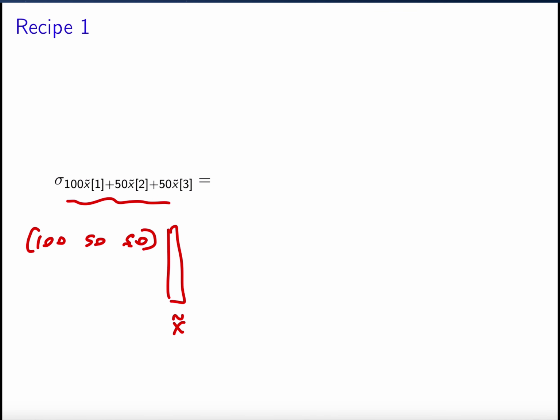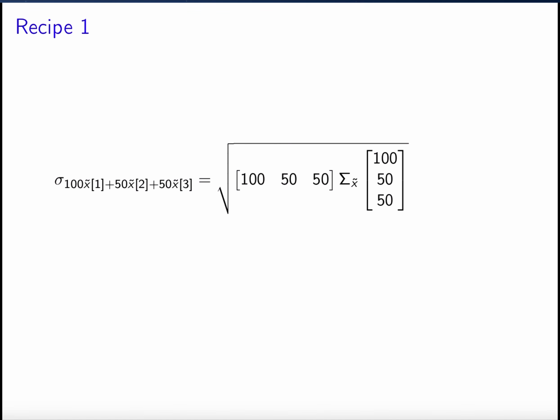And now, by what we have just learned, essentially the way we can compute this is by applying this vector v, this is v transpose, to the left and to the right of the covariance matrix. We have just learned that this automatically gives you the variance of the linear combination. We have proved, I mean. Okay, so that's exactly what we do, and we take a square root because we're interested in the standard deviation.